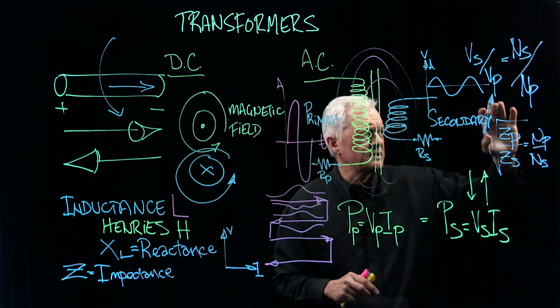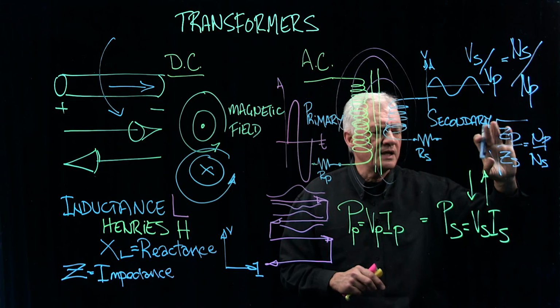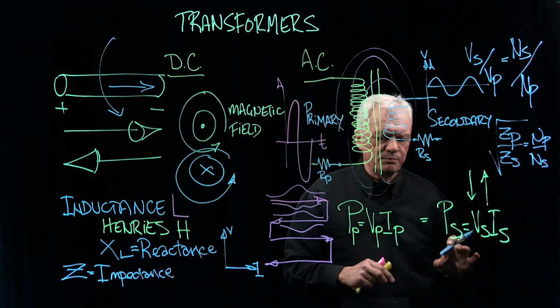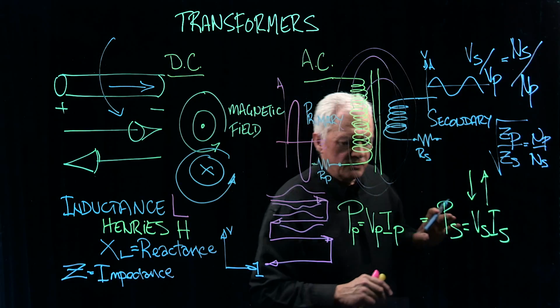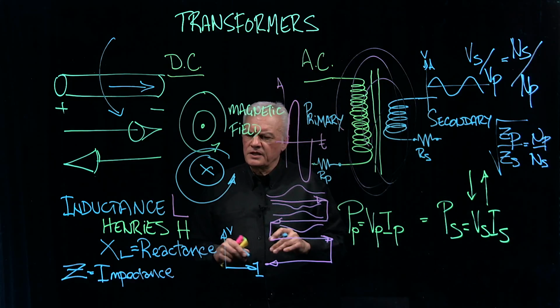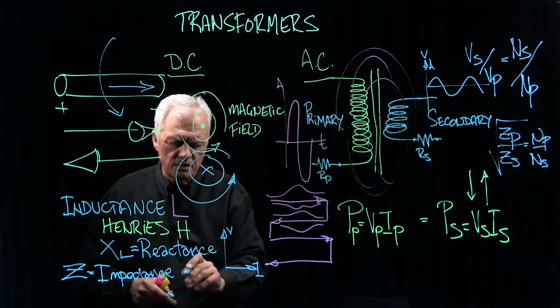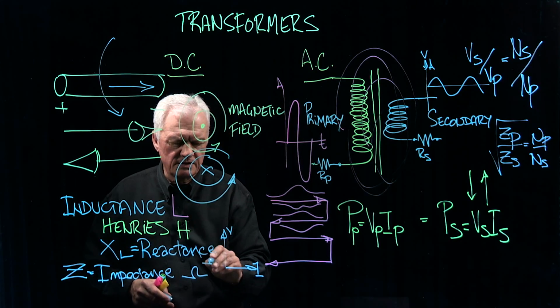Now notice this is slightly different. Okay, this is secondary or primary. That's this way. This is reversed as far as the impedance, as far as what's in the numerator and the denominator. Okay, so that's it. So a reactance plus resistance is impedance, also measured in ohms in both cases here.